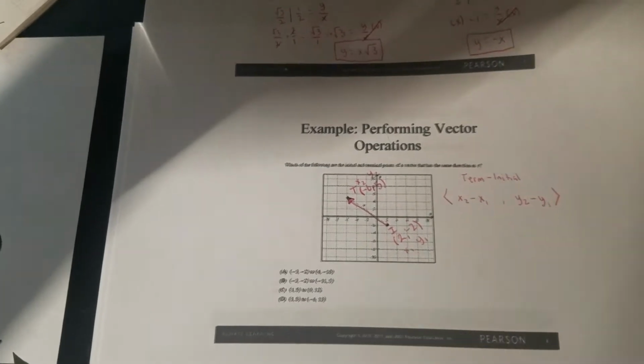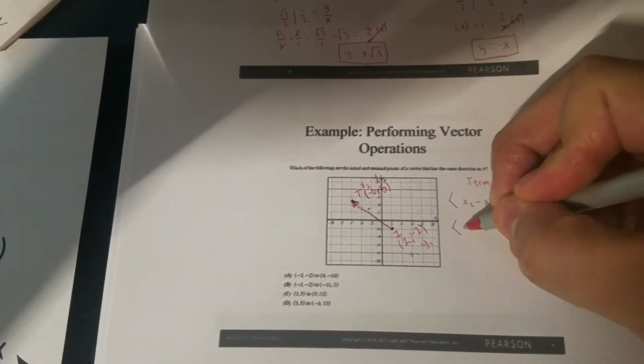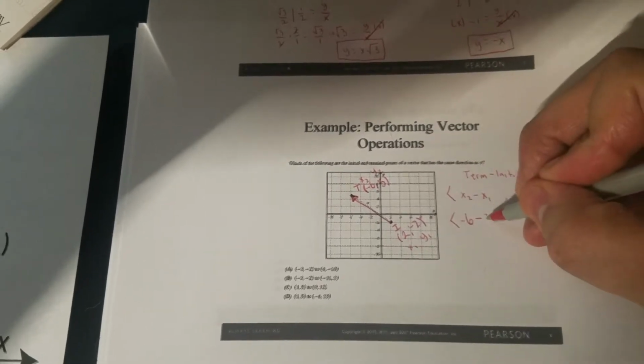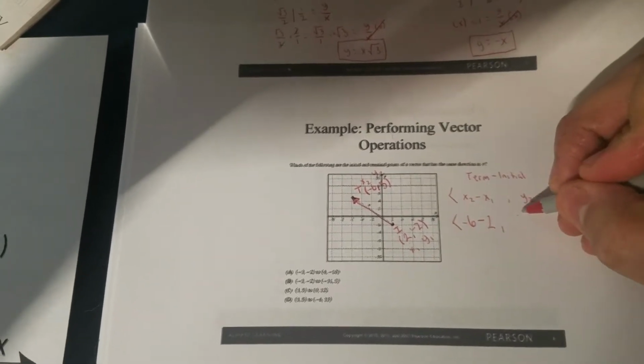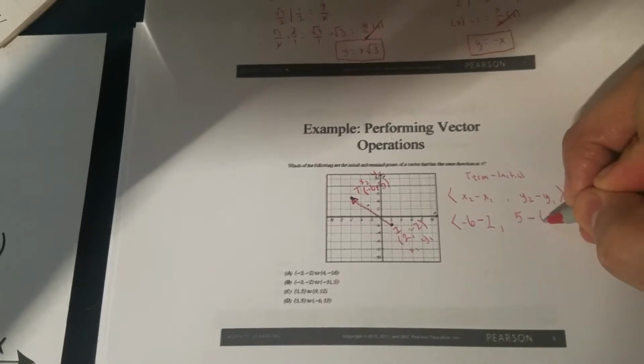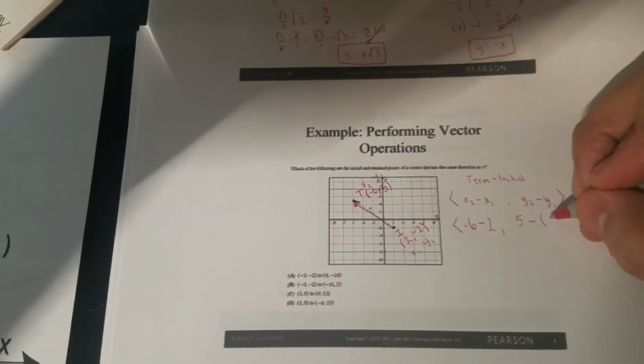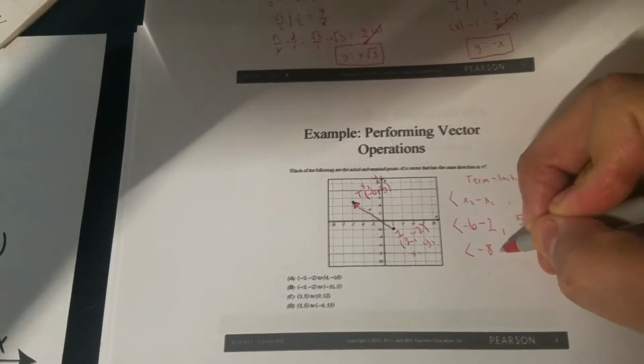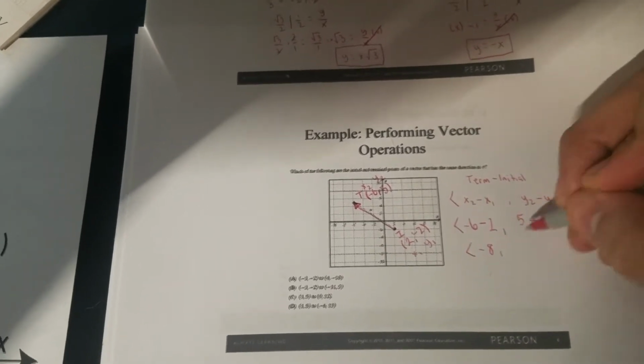So terminal minus initial. This would be -6 minus 2, just the x numbers, and then 5 minus the y1 is -2. So this ends up being -8, and these turn positive, so -8, 7.